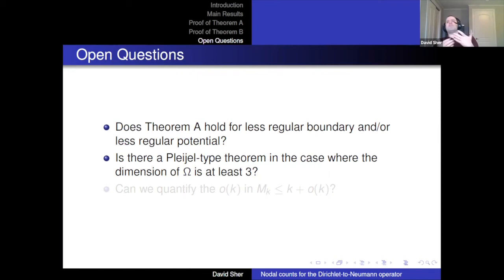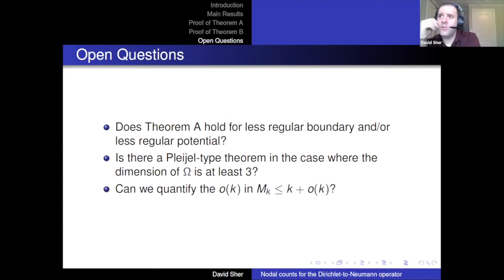And the obstacle here is that we don't have Faber-Krahn. That means you can't do the comparison quite as easily, and we haven't quite found a good replacement for that. Again, I would suspect the answer to this question to be yes, there is such a theorem. My guess would be that it would have the same constant as Pólya's constant, which has again been improved in various settings.